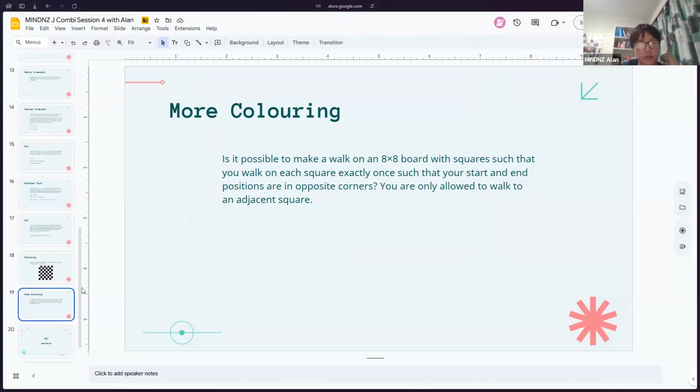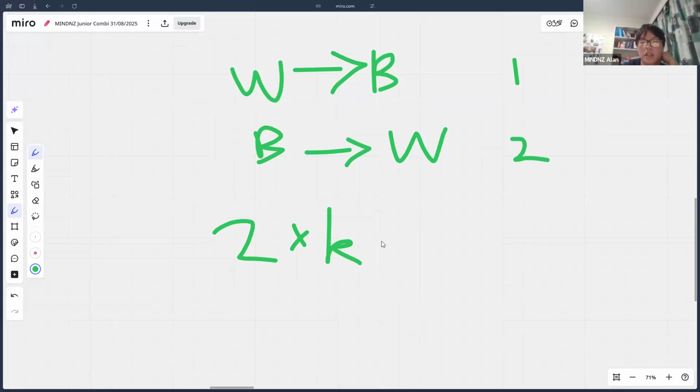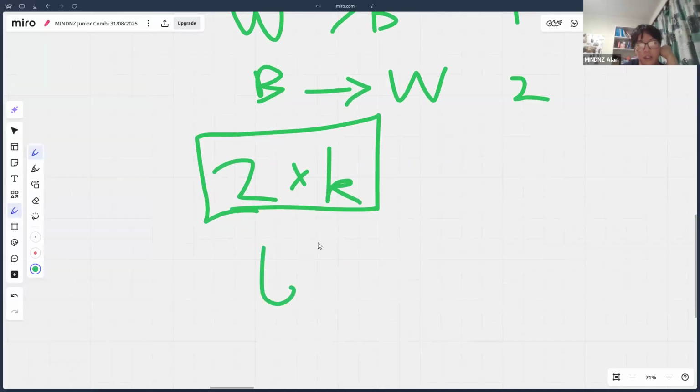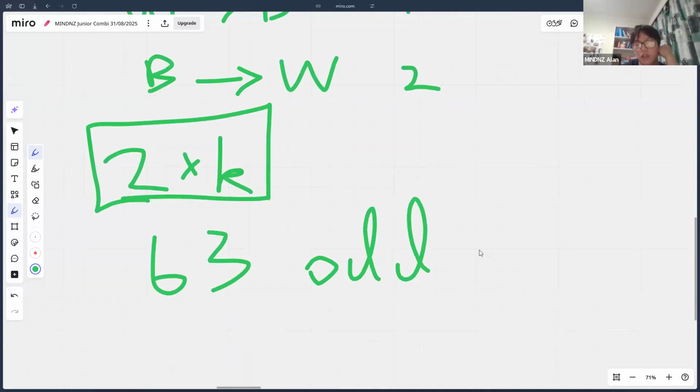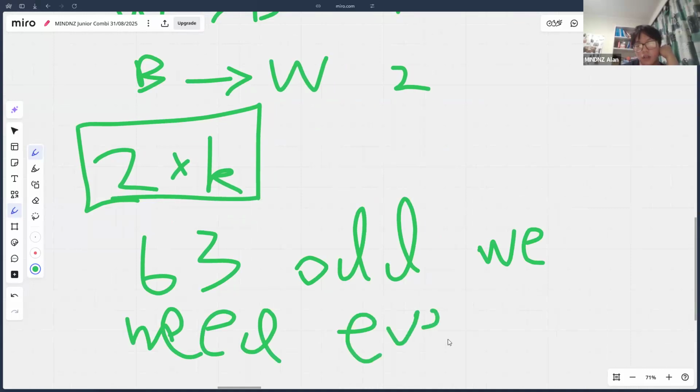So we have an odd number of moves, which is not 2 times k, or which is not even. So it doesn't work. 63 is odd, but we need even for the same color.